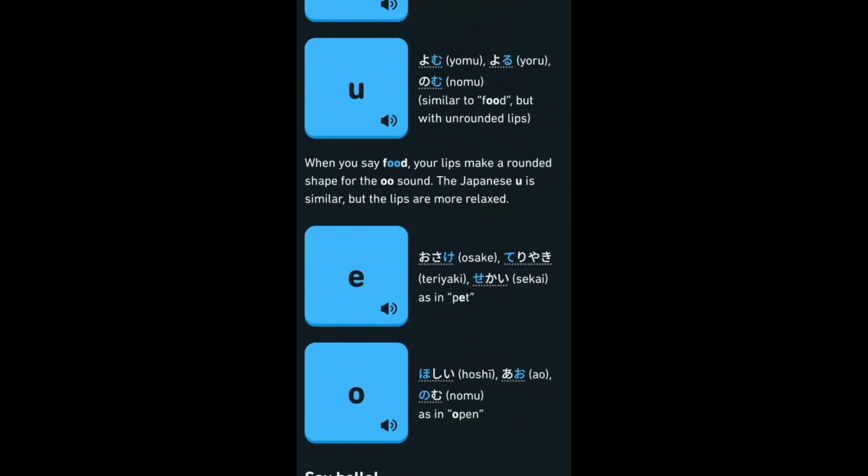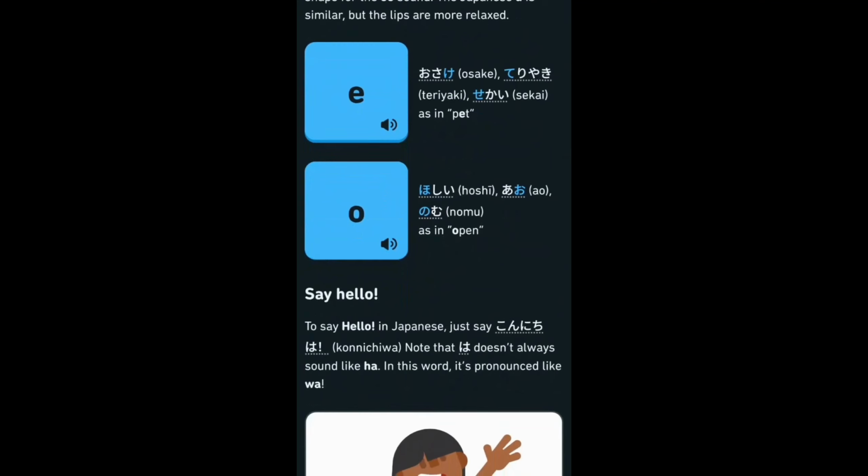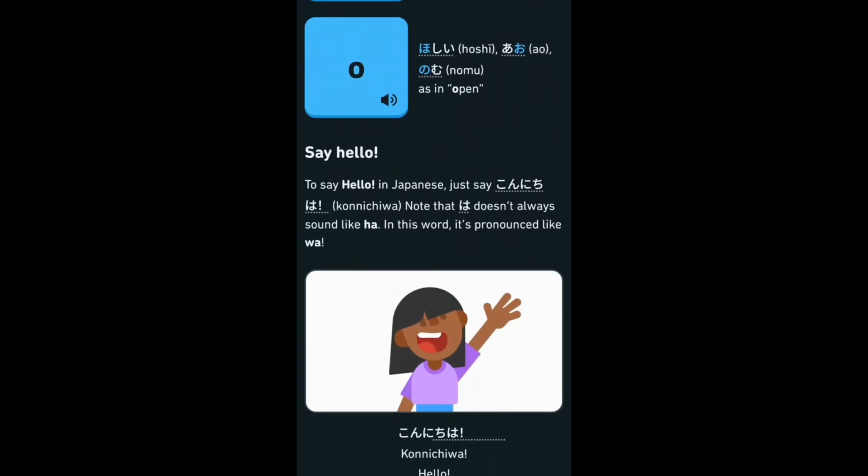U. It's a bit more relaxed in Japanese. And finally, e, as in osake, or teriyaki, or sekai. Osake is a type of alcohol, and teriyaki is a type of food. And then o, as in hoshi, ao, which is blue, and nomu, as in open.